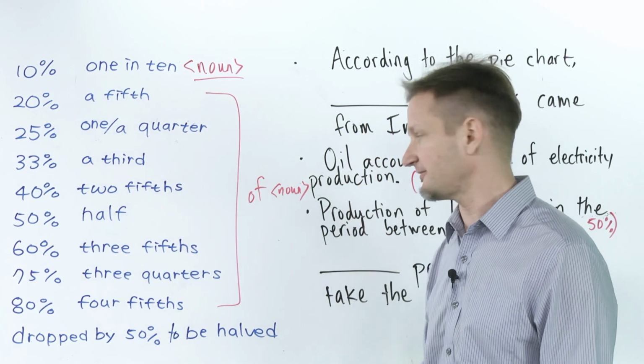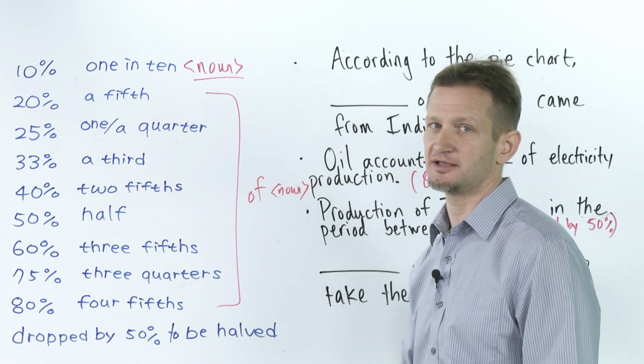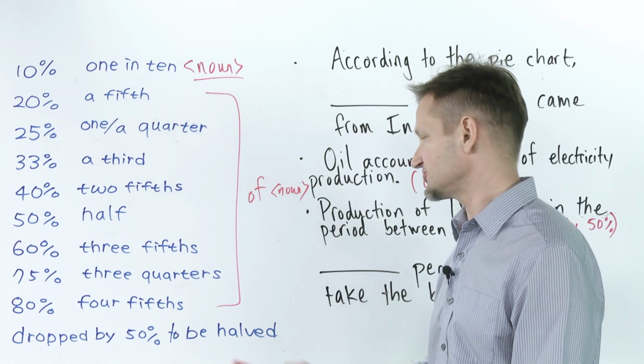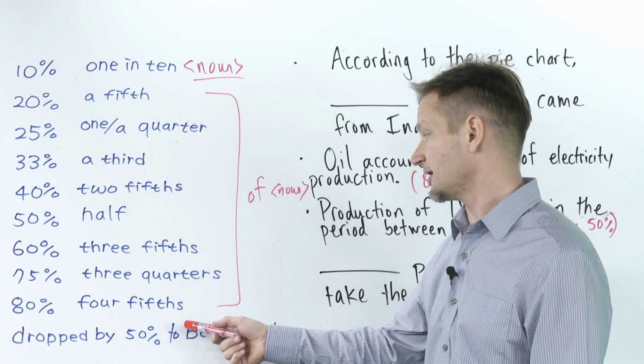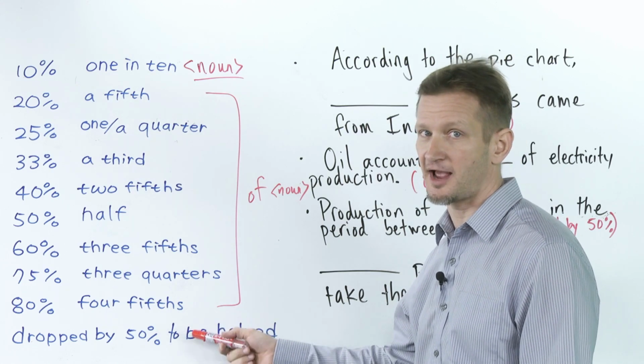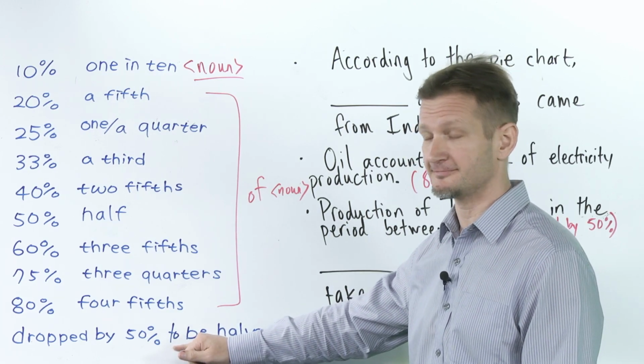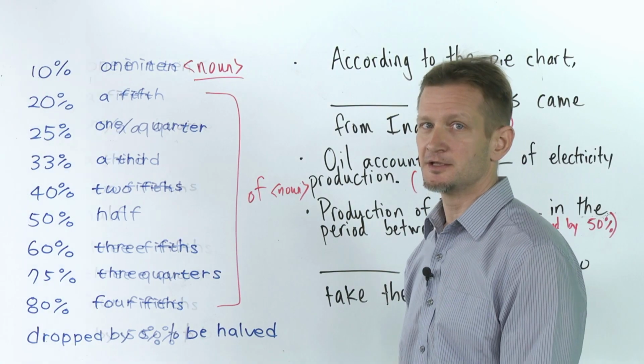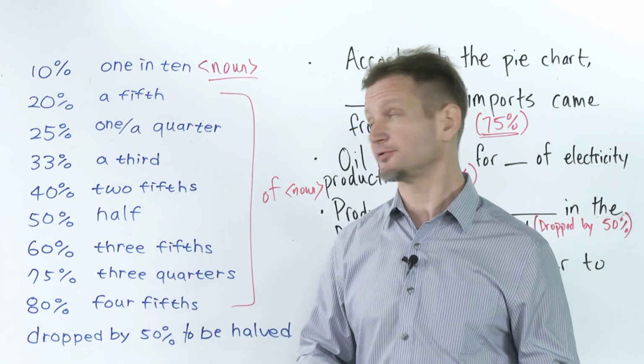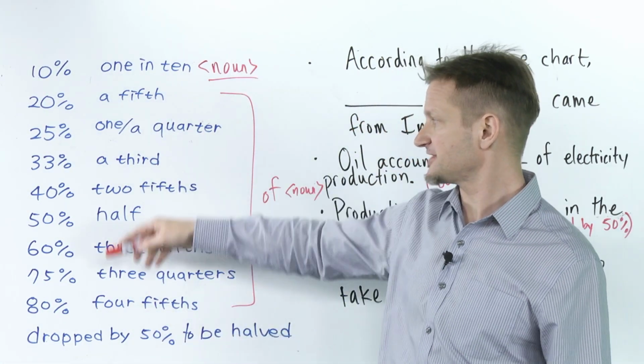Now when something's halved, it's dropped by 50%. It's cut in half. So you can say is halved, was halved, were halved, are halved. You just conjugate to be into the proper form, and then you add halved. Okay, now let's look at some examples. So we got our percentages and our words here.